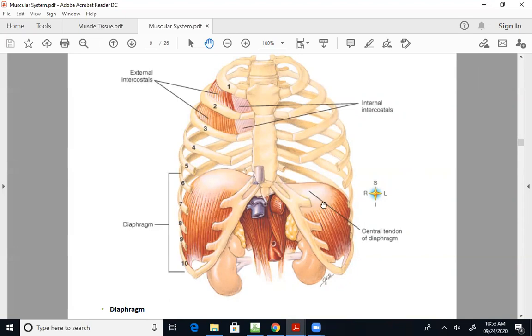Okay. All of this is your diaphragm. I'm not worried about the central tendon of it. What's cool about it, it actually has holes in it that allow this big blood vessel to travel through. Your esophagus pierces through it. So as far as the image goes, just be able to identify external intercostals and internal intercostals, diaphragm.